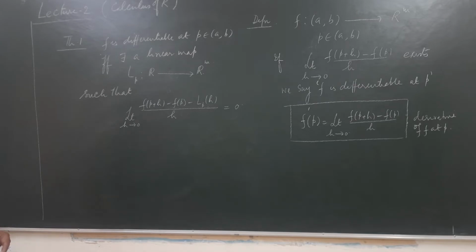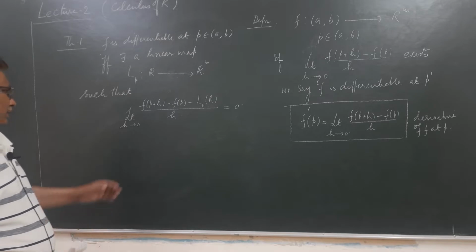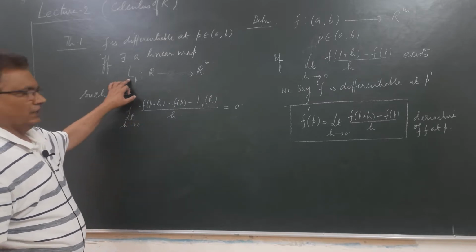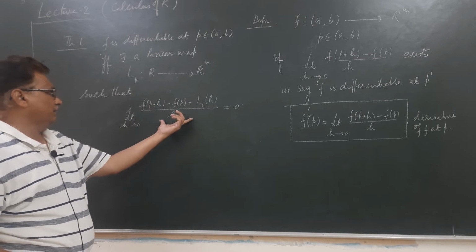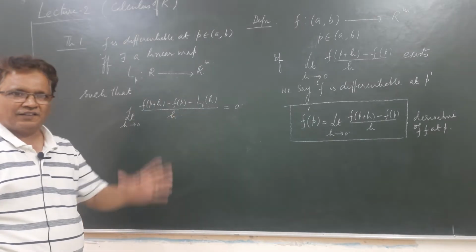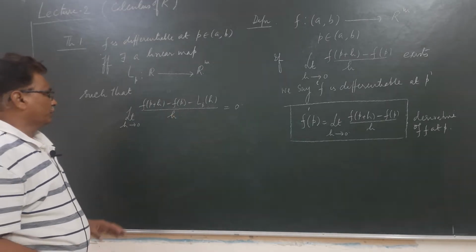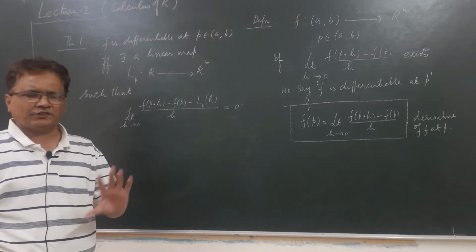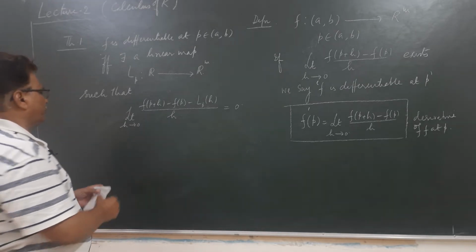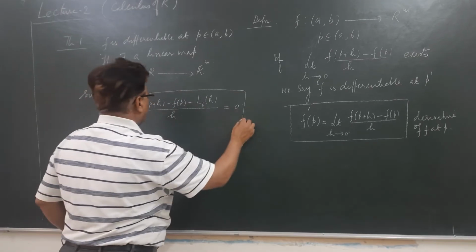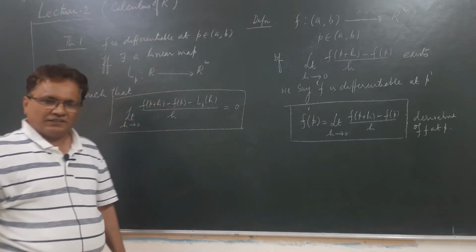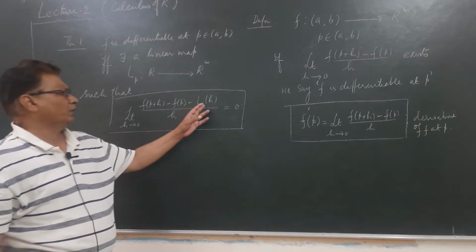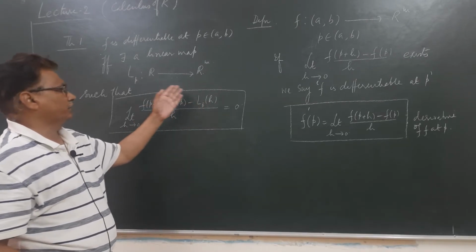This is the characterization for a function to be differentiable at the point p. If there exists a linear map from R to Rm such that the limit of this quotient is 0, then the function is differentiable. Every characterization is as good as the definition, so we can consider this as the definition of a differentiable function. We have discussed this in lecture 1 also. Yes, now the same thing holds for functions from R to Rm.